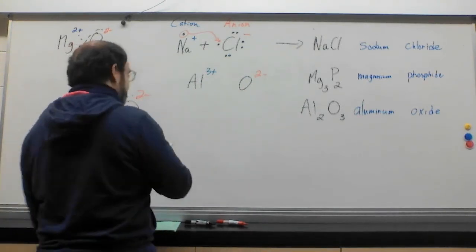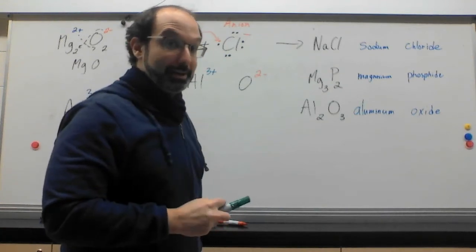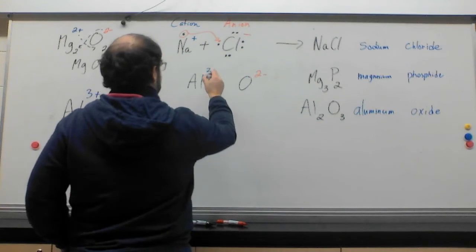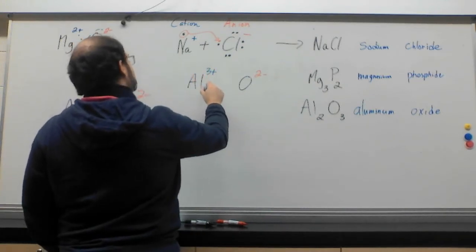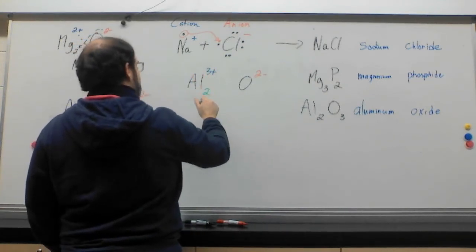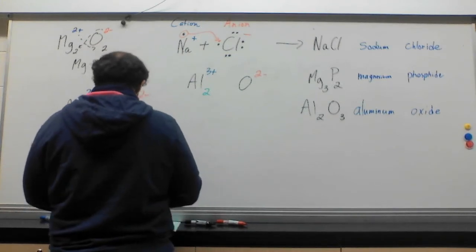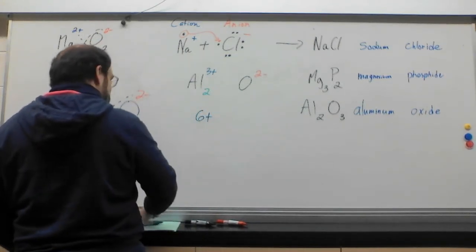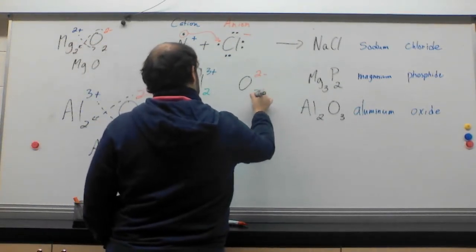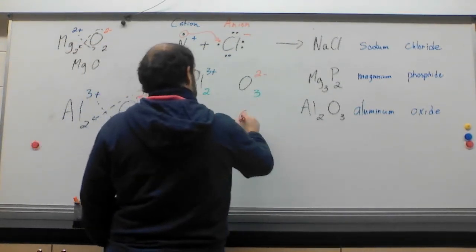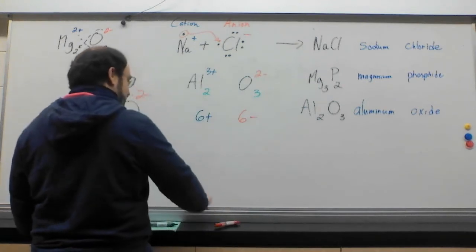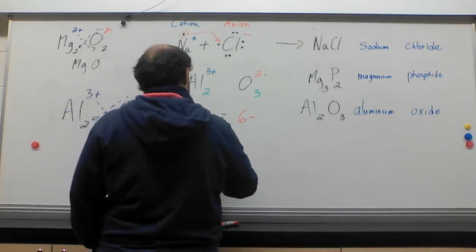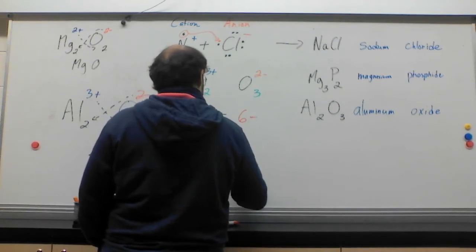What number can I multiply both of them by in order to get the same thing? Well, I could multiply the aluminum here by 2, and that would give me a total of 6 positives. I could multiply the oxygen by 3, which would give me a total of 6 negatives. If the two of them are equal, we've done it right. So that means this is going to be Al2O3.